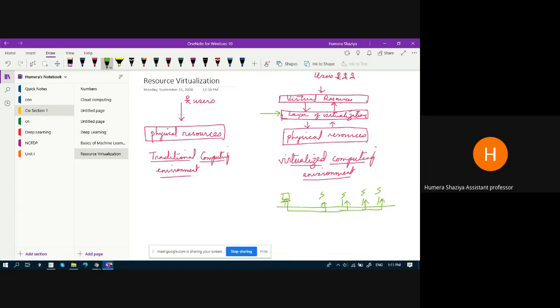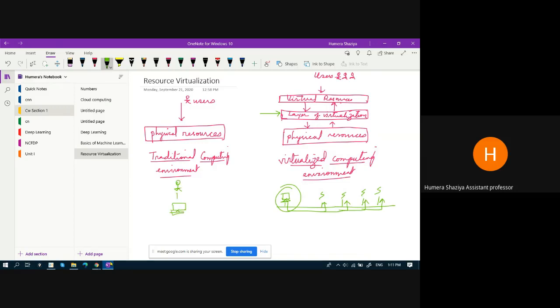So what is happening here is there is only a single server. It is serving multiple clients, and you are creating a virtual kind of environment with which every user gets the compute power and storage power of this server.